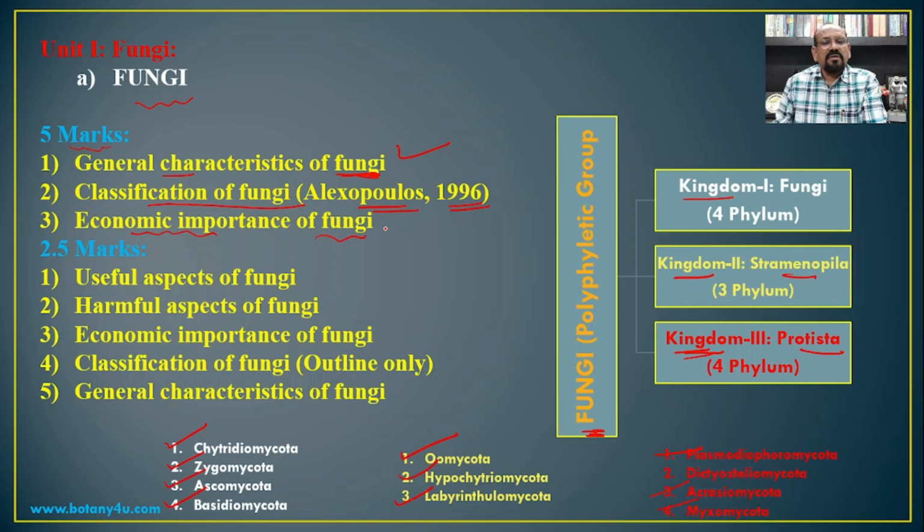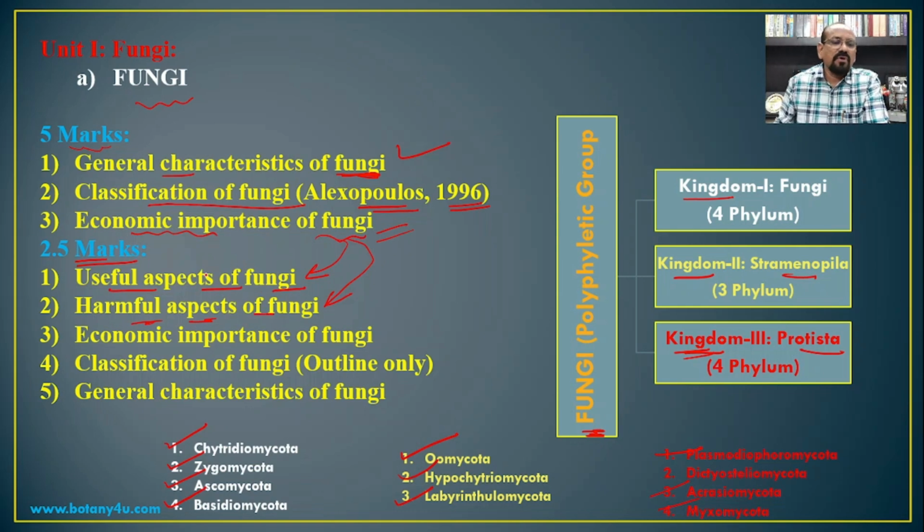So such negative as well as positive economic importance we have to provide in this type of question. Second type of question, that is the 2.5-mark question, in which we have to provide the useful aspects of the fungi. See now, for the economic importance of the fungi, we can provide the useful aspect as well as the harmful aspect, and both of these are asked separately in 2.5-mark questions.